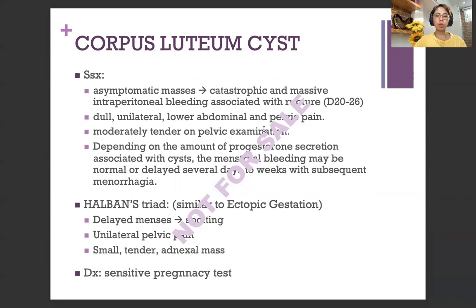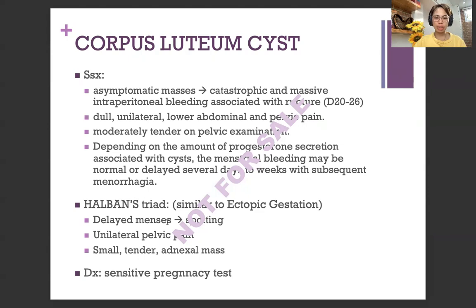After ovulation, some women really come because of severe abdominal pain, and on ultrasound, it's a hemorrhagic corpus luteum cyst. Later on, I will show to you the presentation of it in the imaging, because it has a very close differential to ectopic gestation.